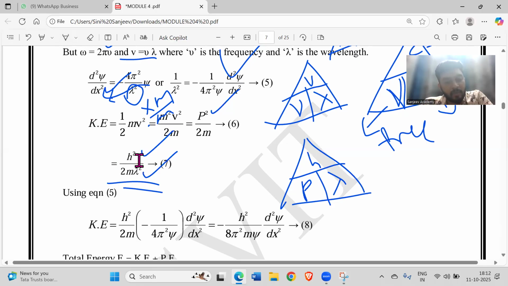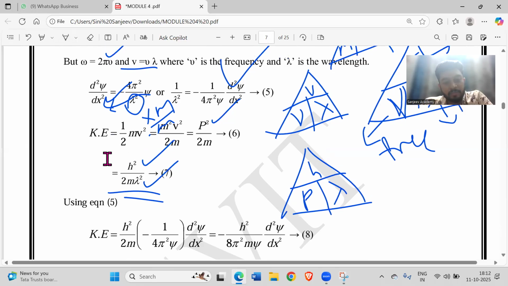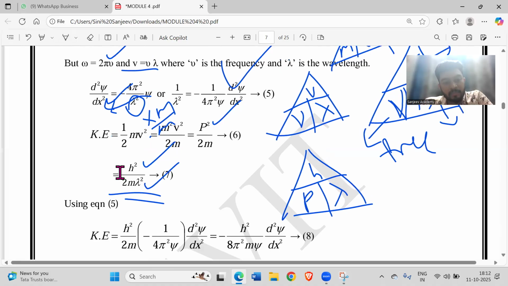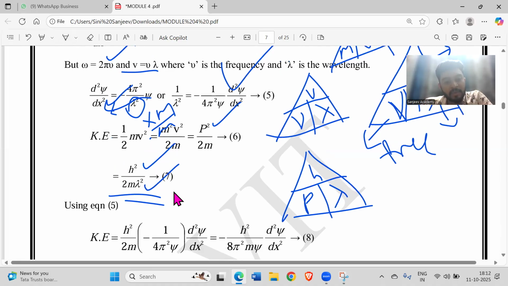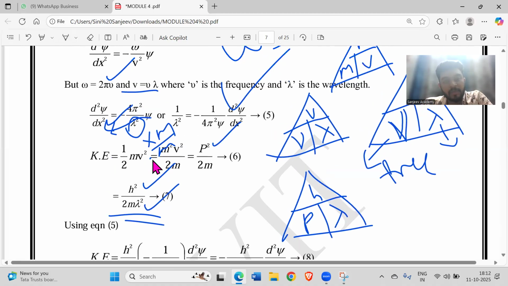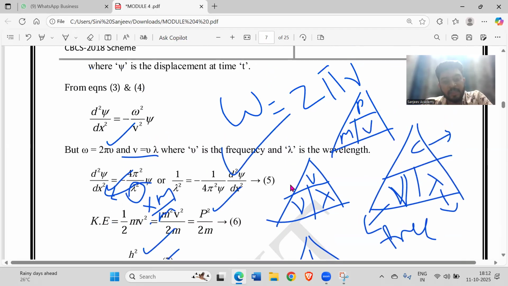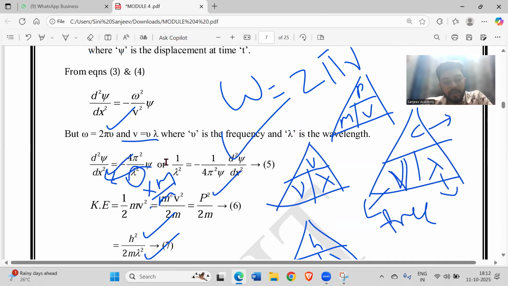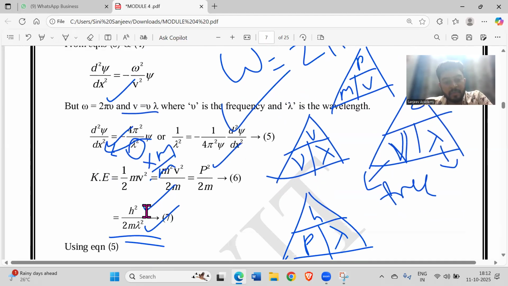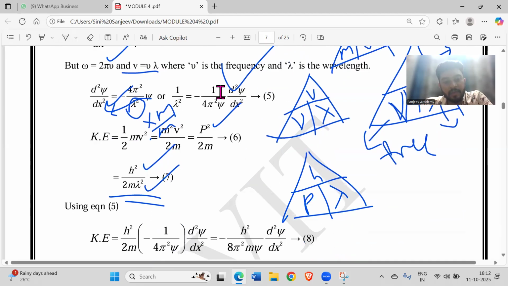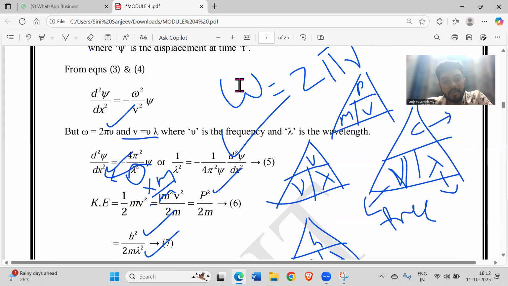Okay. So now what happens is, this will become my equation number 7. So go to my equation number 5. What is my 1 by lambda square?